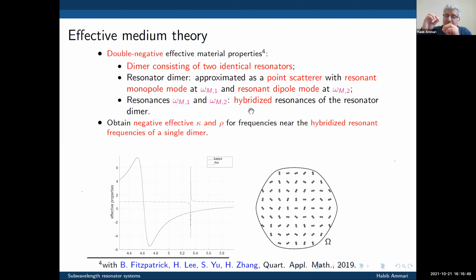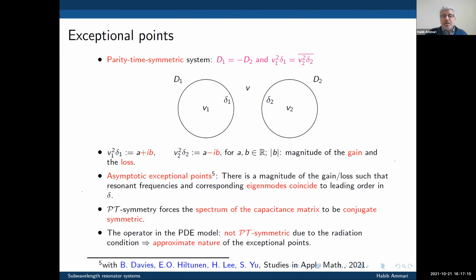But these frequencies are close to omega m, and we call them the hybridized resonant frequencies of the dimer. And what we can show is that we can obtain negative effective kappa and rho for some frequencies near these hybridized resonant frequencies of a single dimer. Very good.